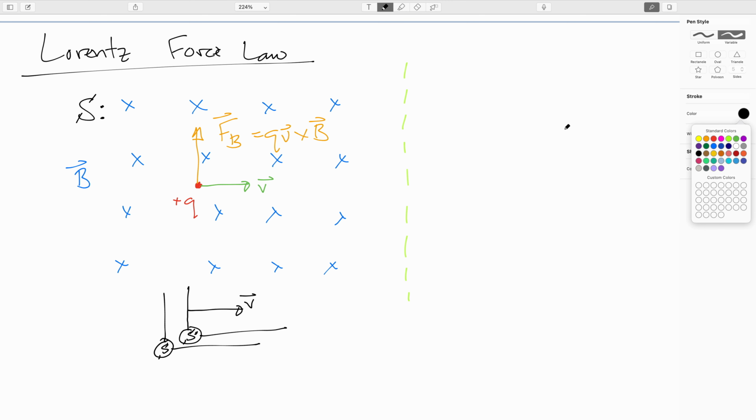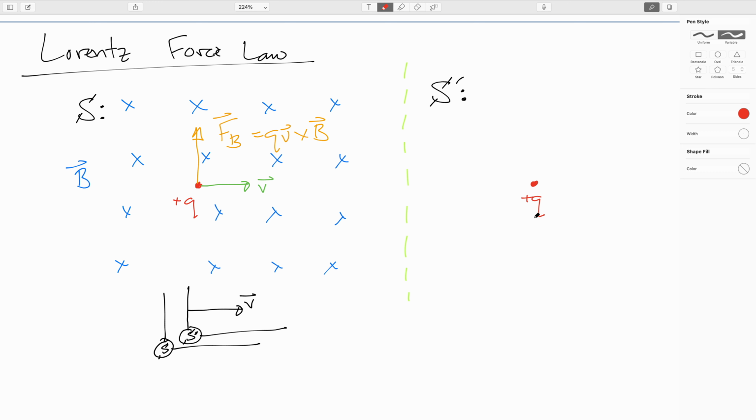So now let's go over here to how S prime will be looking at this. I'm not going to draw in a magnetic field here at the moment because, well, it'll become clear in a second. So let's say that we've got our charge plus Q here. Is S prime going to say that there is a force?